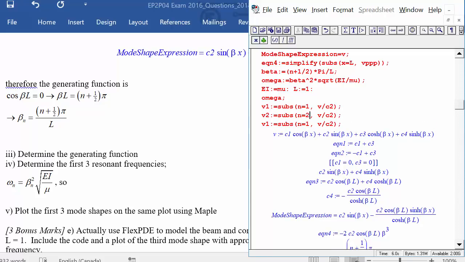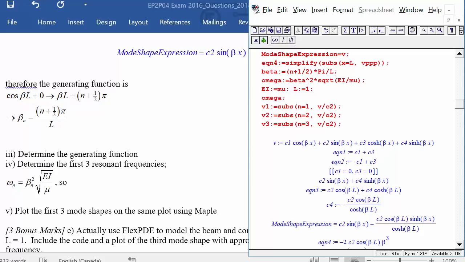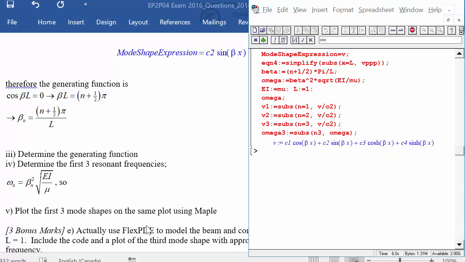V2 will sub n is 2 into that, and V3 will sub n is 3 into that. And same thing for omega. Actually, I guess we just need to find the third one to compare with Flex later. Omega 3 is equal to subs n equals 3 into omega. Right.